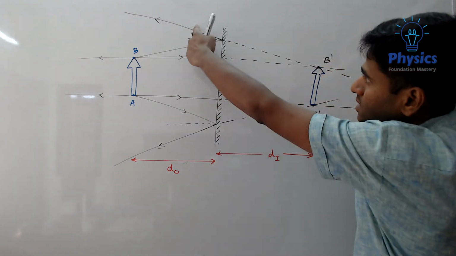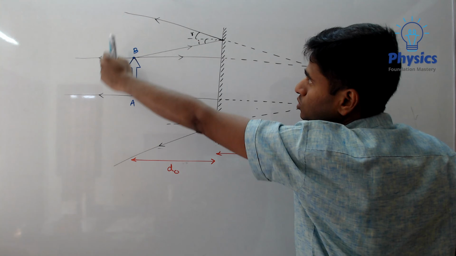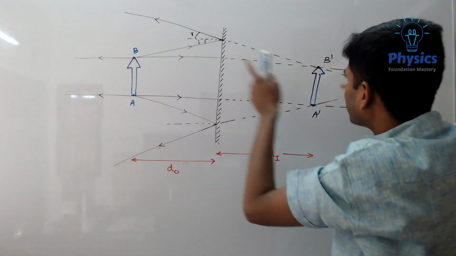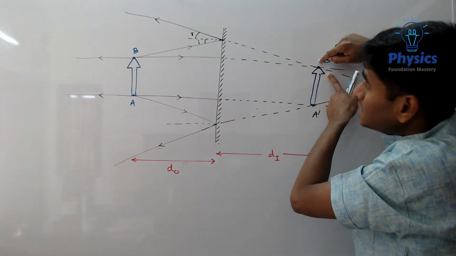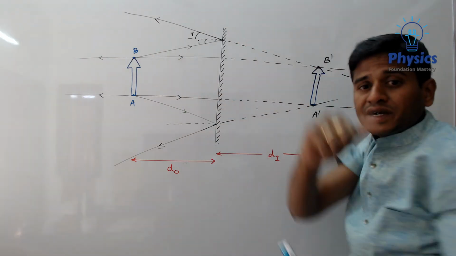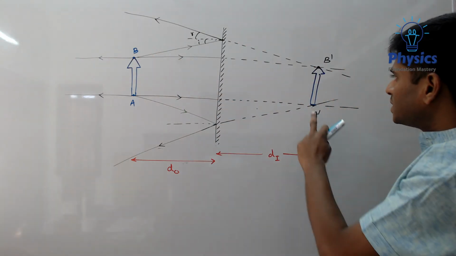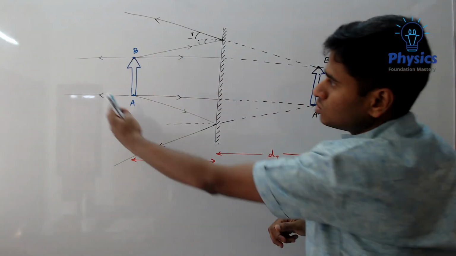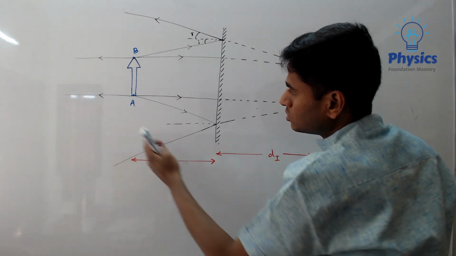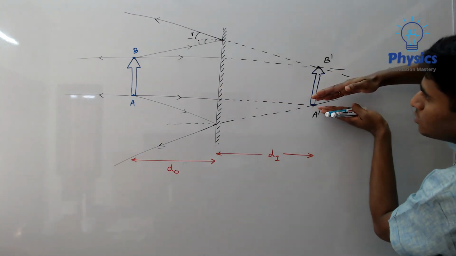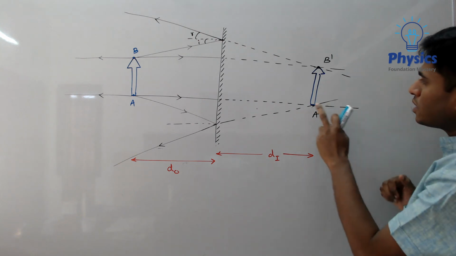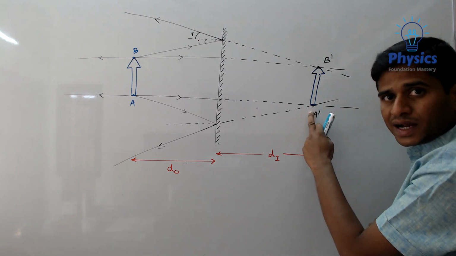These two reflected rays do not actually originate at B dash. They only appear to originate from B dash. Similarly, here also, these two reflected rays only appear to be coming out from A dash.